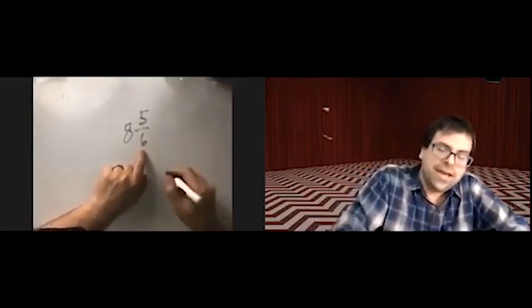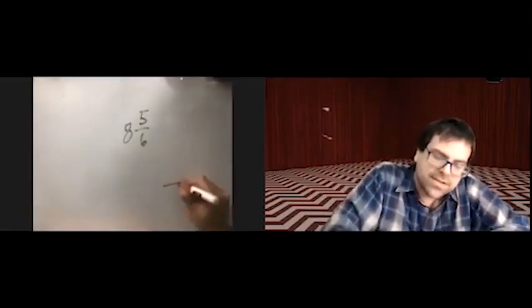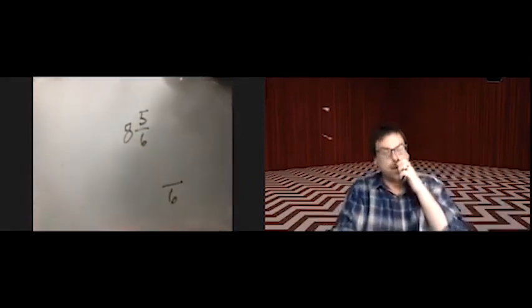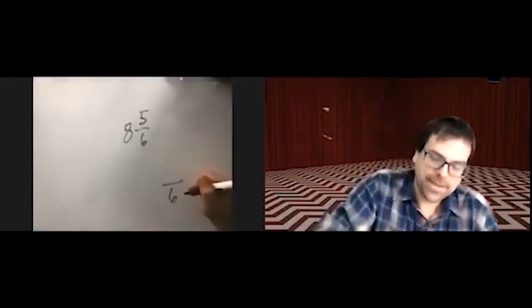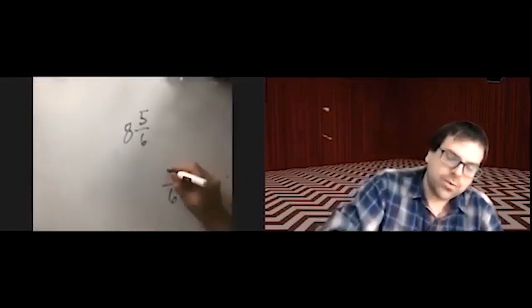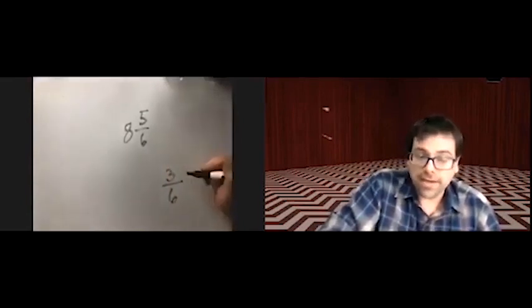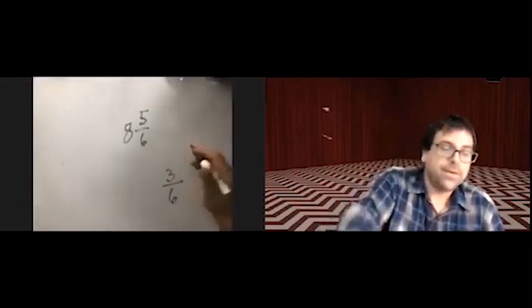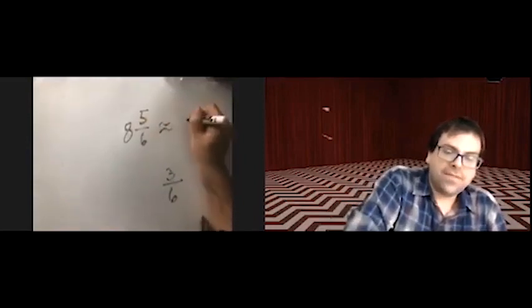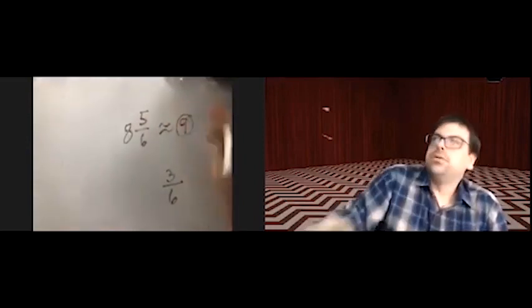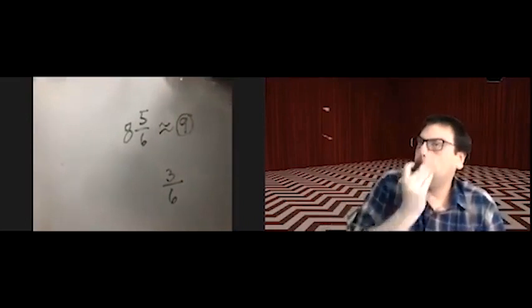So when we see the 5/6, we would have to ask ourselves, what's the halfway point for sixths? 6 divided by 2 is 3, so 3/6 would be half. Anything over that would therefore round up. So 8 and 5/6 to the nearest whole number would round up to 9.